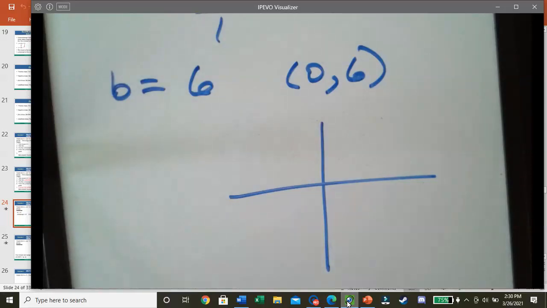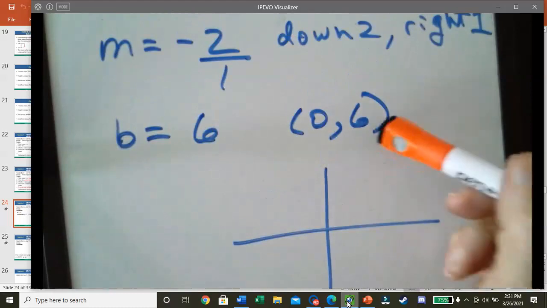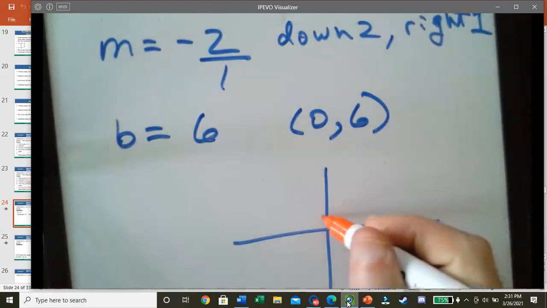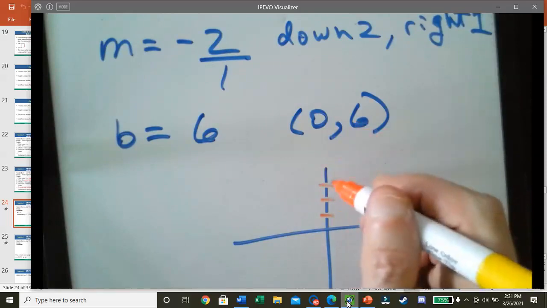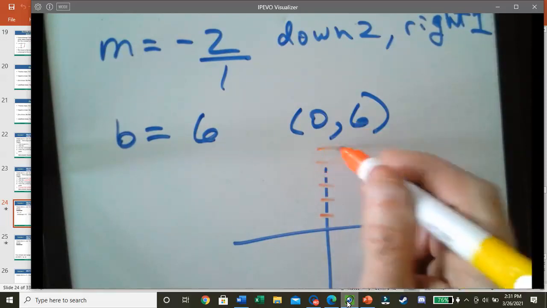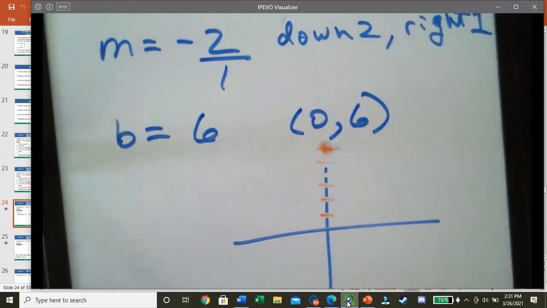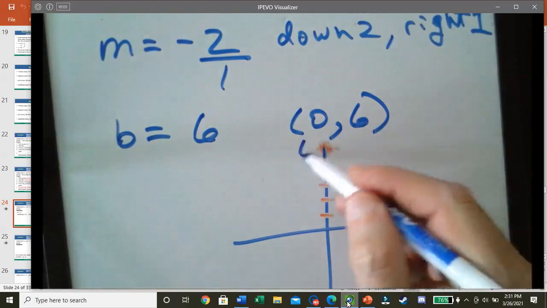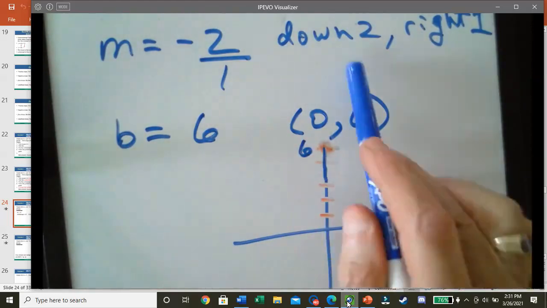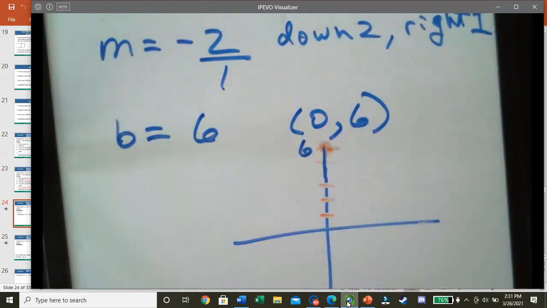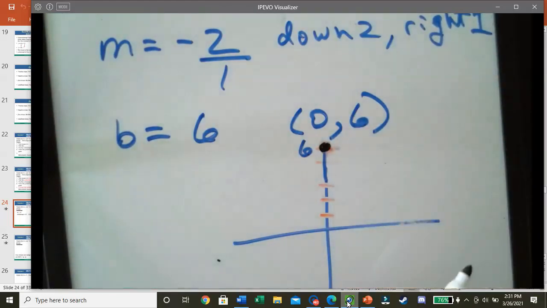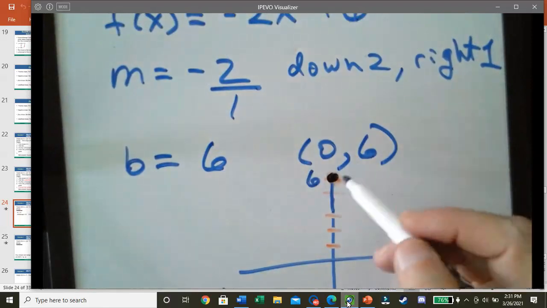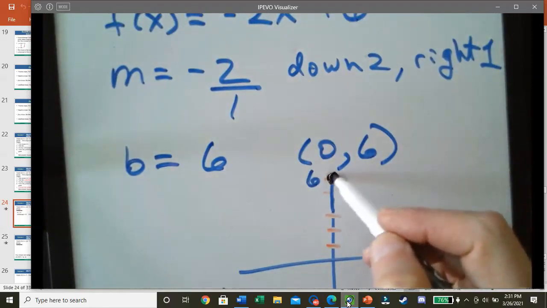Okay, so just draw x and y axes on there. You're going to start with your y-intercept. Since it's a positive 6, you're going to go up 6: 1, 2, 3, 4, 5, 6. So you're up here at 6. You plot that y-intercept.